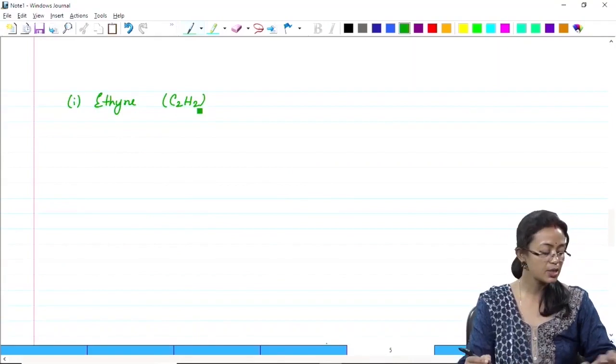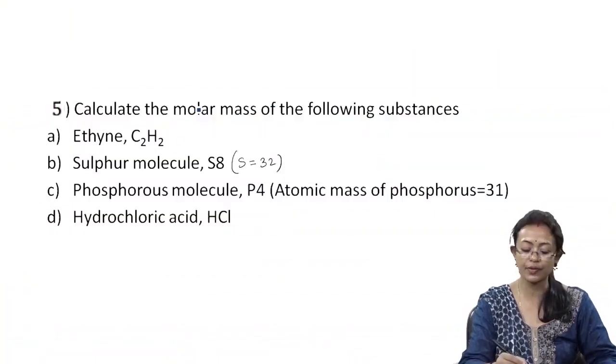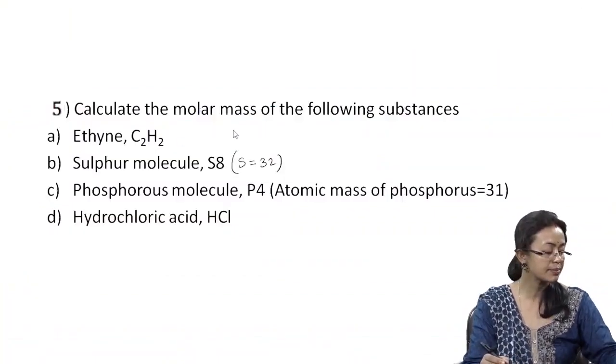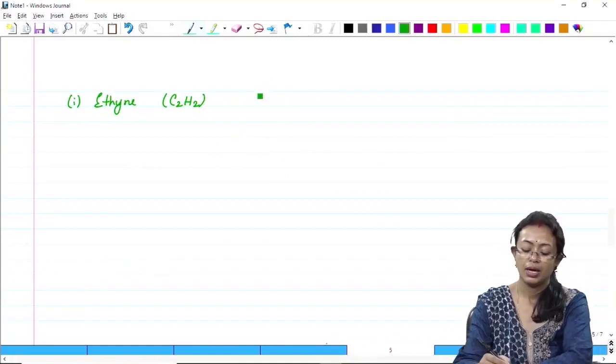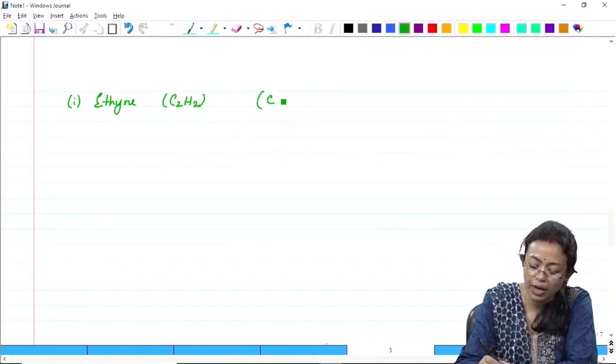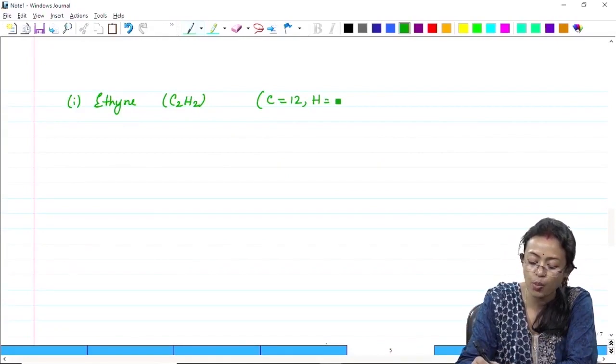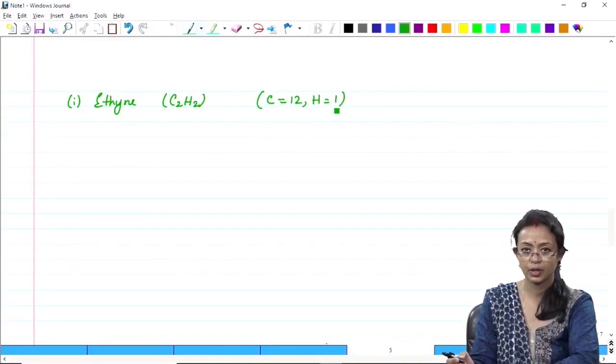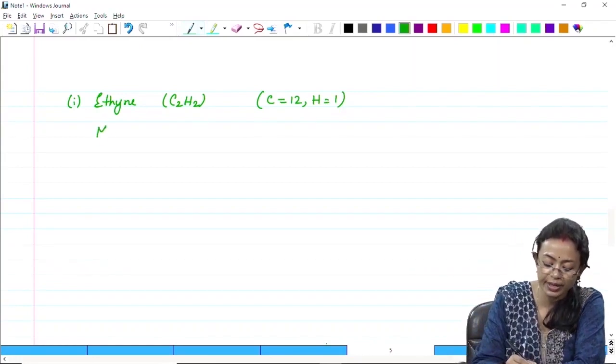C2H2, and they have asked us to find out the molar mass. Now the atomic mass of carbon is 12 and hydrogen is 1.